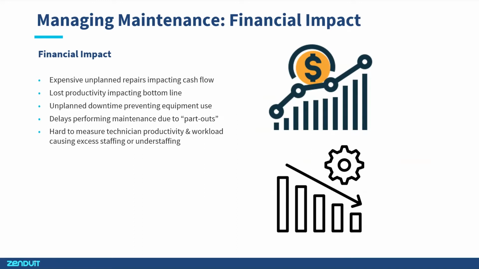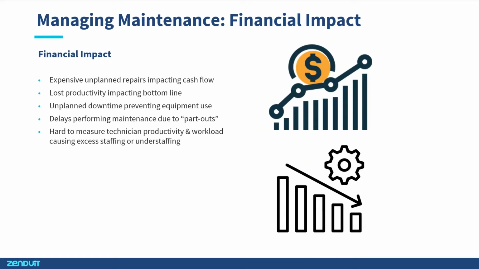This unplanned downtime, preventing equipment use, ties right into that. And then we can have delays performing maintenance due to part outs. This is where we don't have the parts we need to affect the maintenance. And this drives all those 3 other things, making them take longer and cost more money.